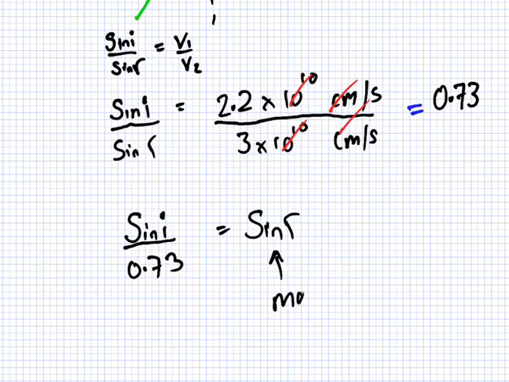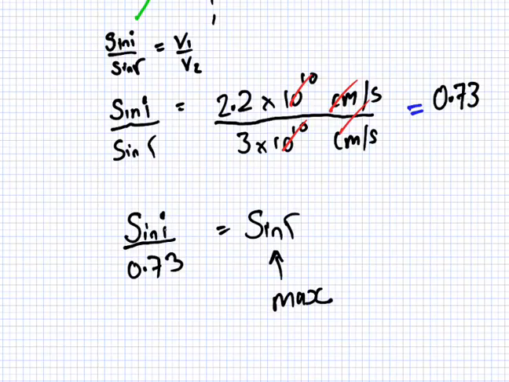But that's okay, because they said they want this to be maximum. So this gets bigger when sine I gets bigger, right? Because if I have A equals B, this gets bigger when this gets bigger. When does sine I get bigger? When I gets bigger.